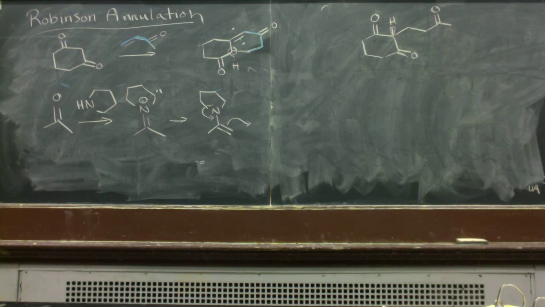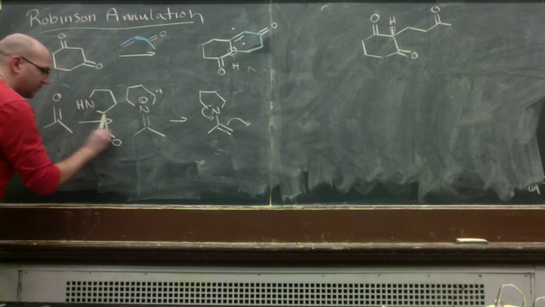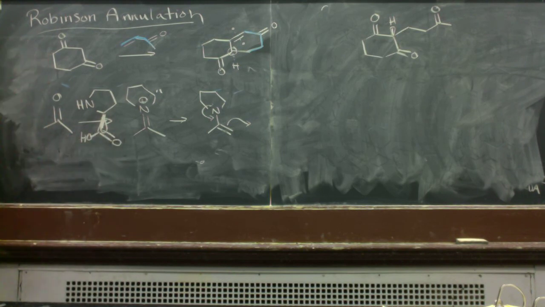Now, I've drawn this molecule on purpose, in part because this is the core component behind pretty much the only secondary amino acid that we have. Amino acids are obviously chiral. We'll discuss them a little bit later in the semester, but this is proline. Proline has stereochemistry at this carbon here.